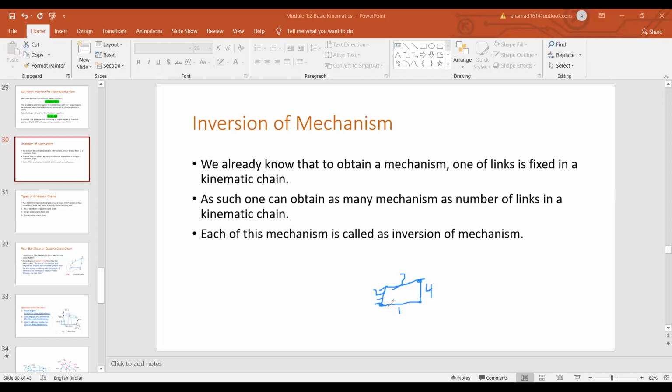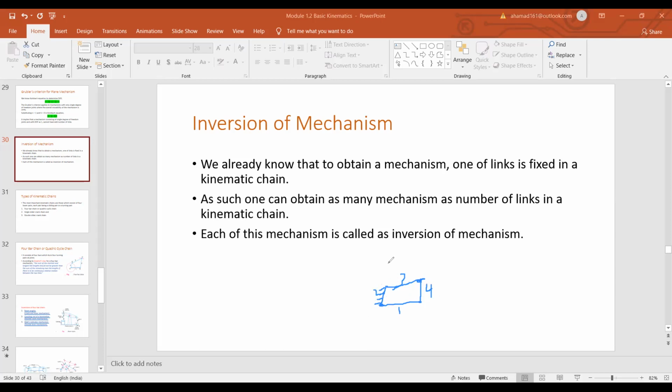Suppose instead of fixing the second link, I decide to fix link 3, then again I will get a mechanism which will look very different from the mechanism we obtained by fixing the second link.